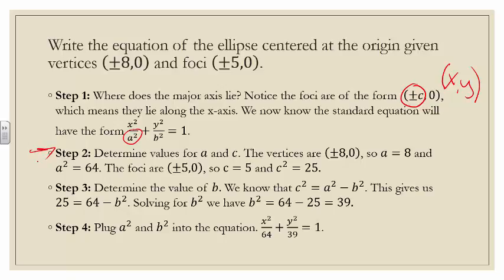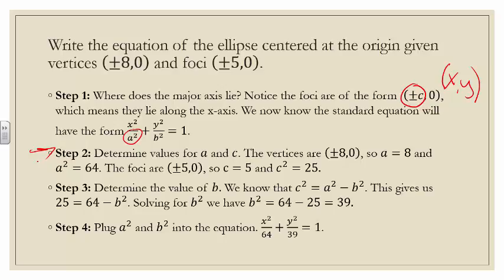Step 3, we determine the value of b. We know that c squared equals a squared minus b squared for any ellipse, which gives us 25 equal to 64 minus b squared. Solving for b squared gives us 64 minus 25 equals 39.